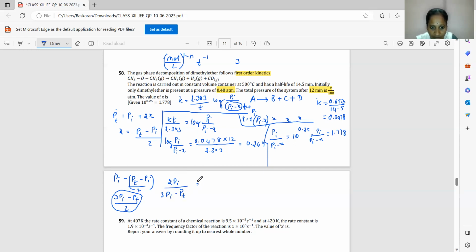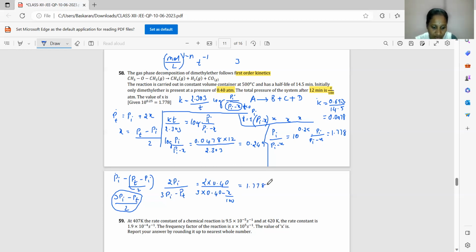Now we know what is the value of Pi. So it will be 2 into 0.40 divided by 3 into 0.40 minus Pt. So how much is the Pt? Pt is basically x by 100, and this is equal to 1.778.